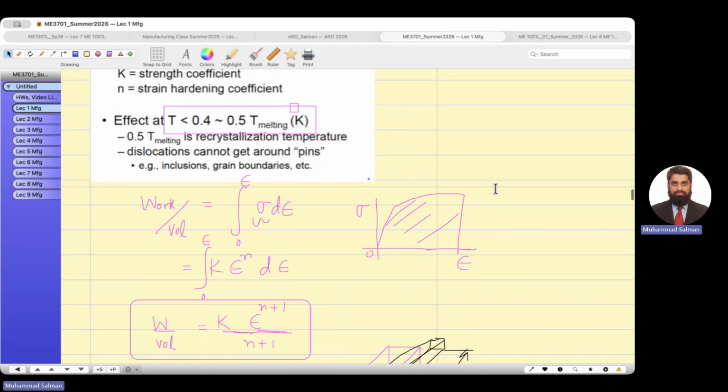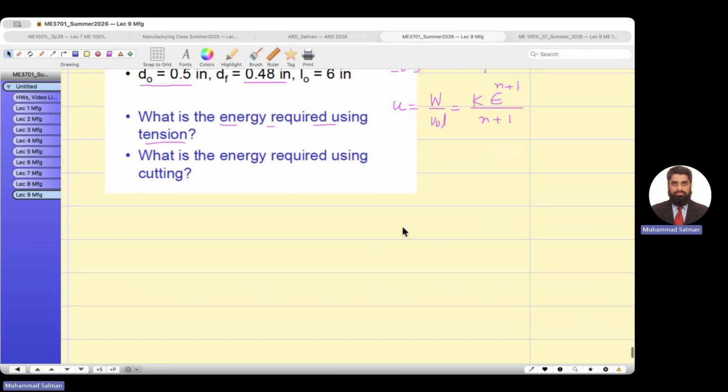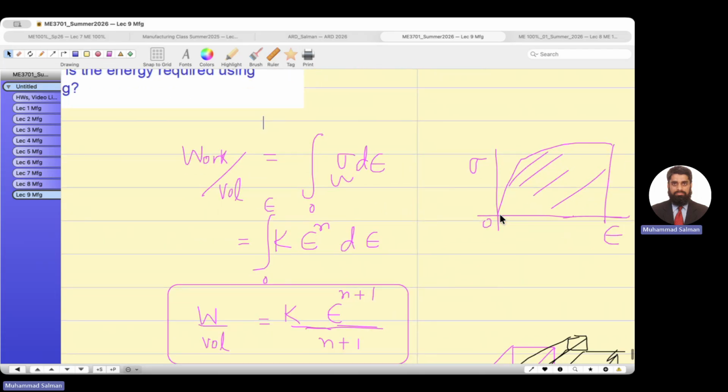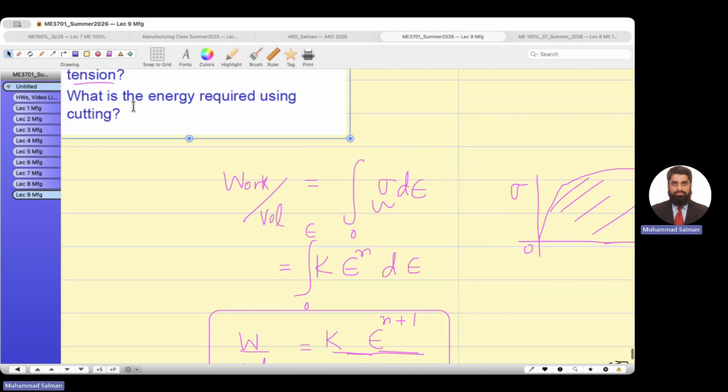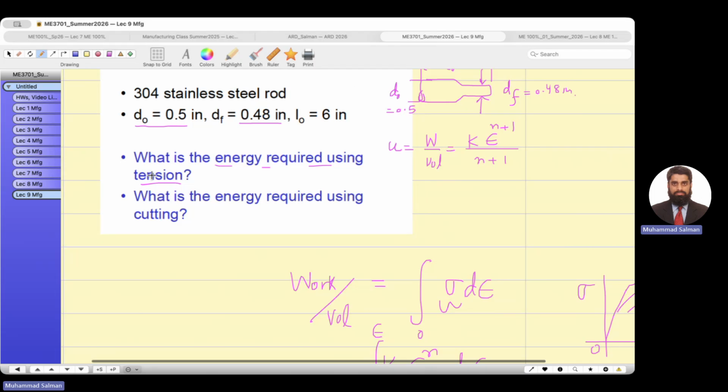Let me grab this formula here. This is just for review purposes: we did this work under the area. You integrate that area, and this is the power law which you apply here for sigma in this plastic domain, and you get energy. You understood this is my U, correct? Now you will use this formula to find U, and this is known as the work under tension.